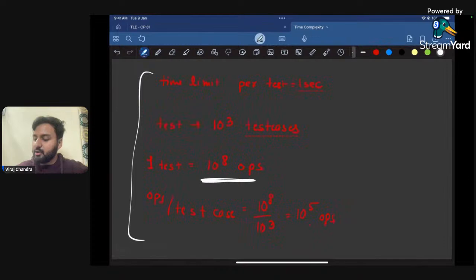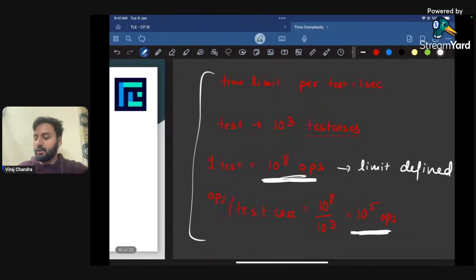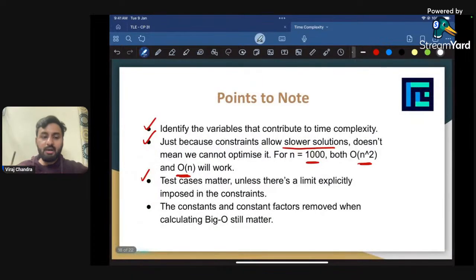So now your variable to compare would be this. If the limit was not defined, it was this, that is 10 power 5. But because over here the limit is actually defined, then you will compare with 10 power 8. This is the meaning. So these are the differences which come in terms of time complexity. Okay. So of course when you come across a lot of problems, you will see this happening and you will understand over there.